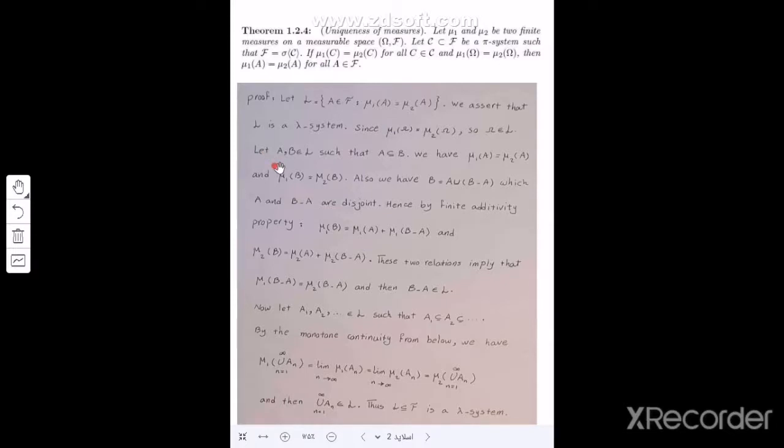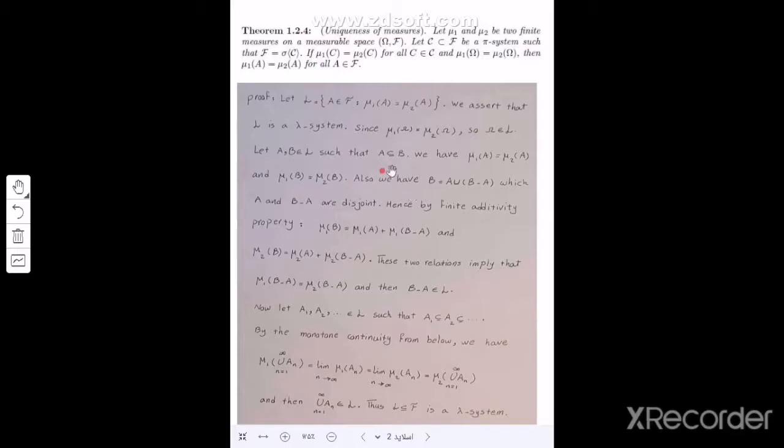Second condition: let A and B be members of L with this condition. So A has this condition, B has this condition.